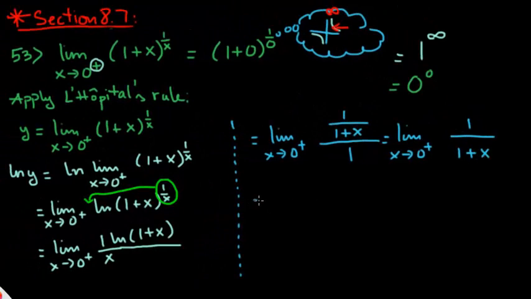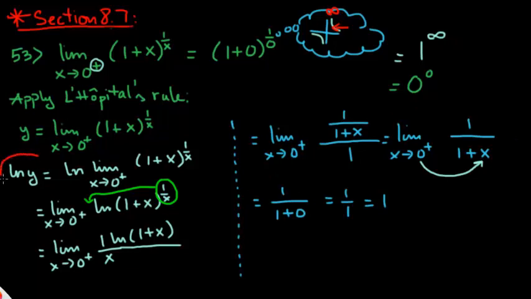Then we plug in 0 for x. That gives me 1 over 1 + 0, which is 1 over 1, which is 1. The problem is not done yet, because we let y equal the limit and took ln of both sides. So ln y equals 1.